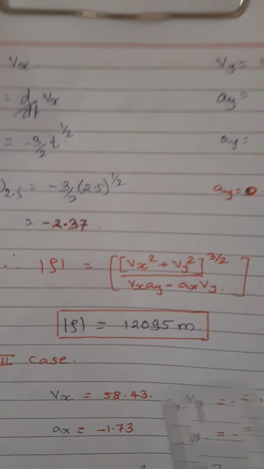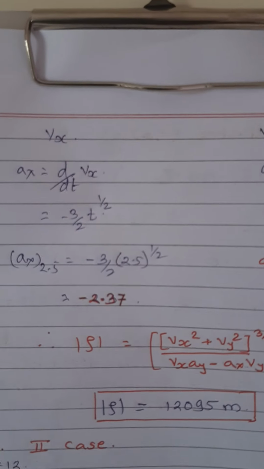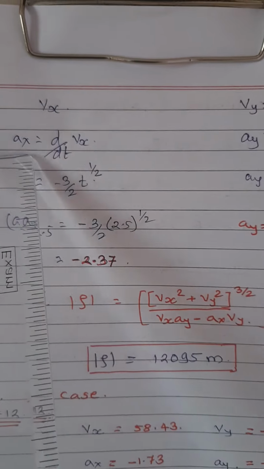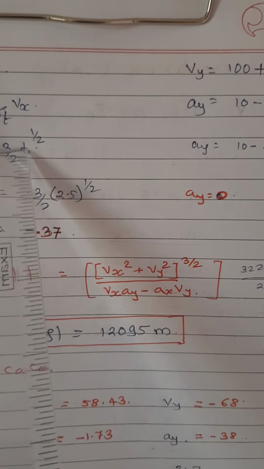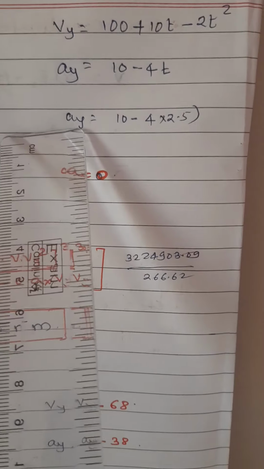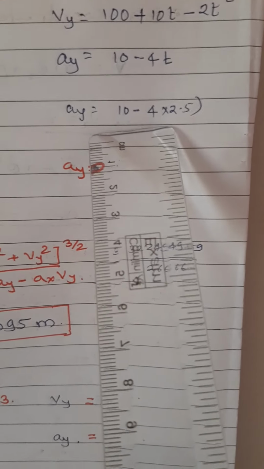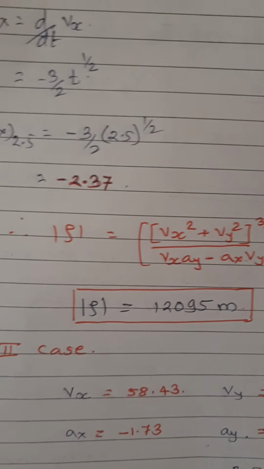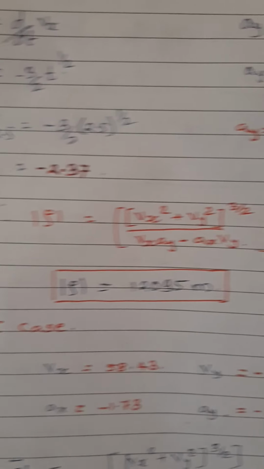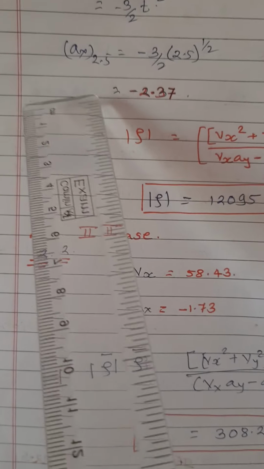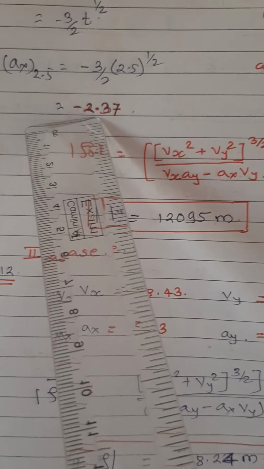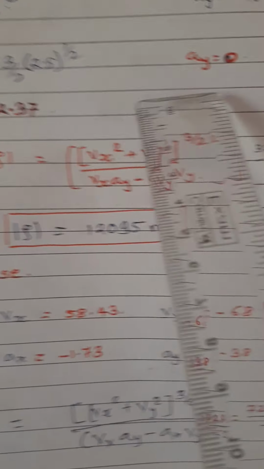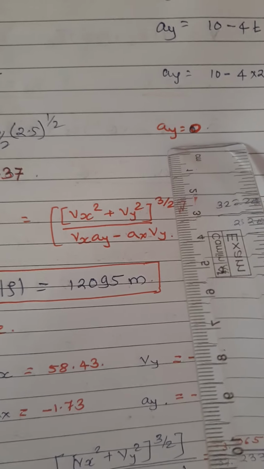So here, after differentiating, we get Ax as minus 3 by 2 t raised to 1 by 2 and Ay as 10 minus 4t. In these two equations, if we substitute t equal to 2.5, we get Ax as minus 2.37 and Ay as 0.